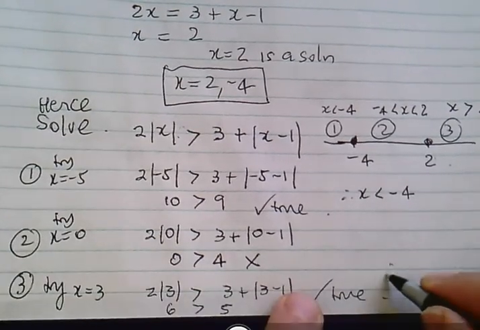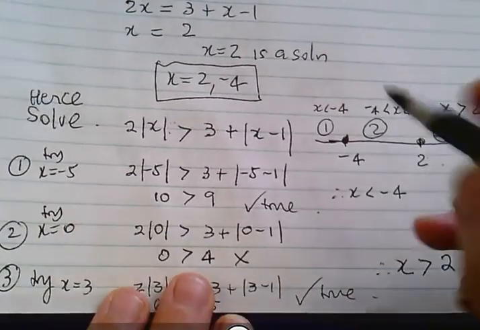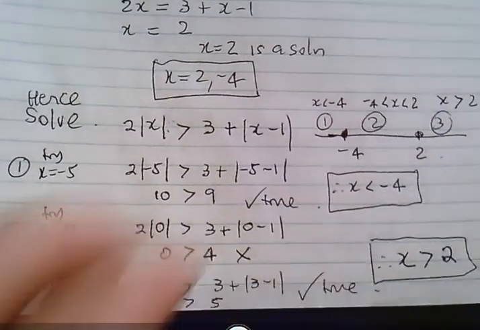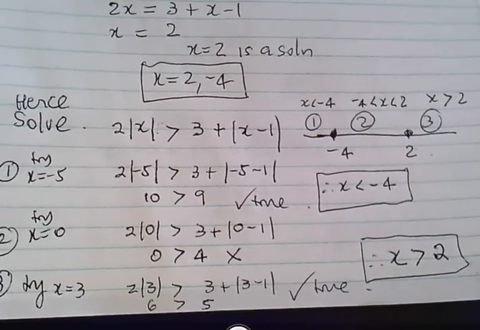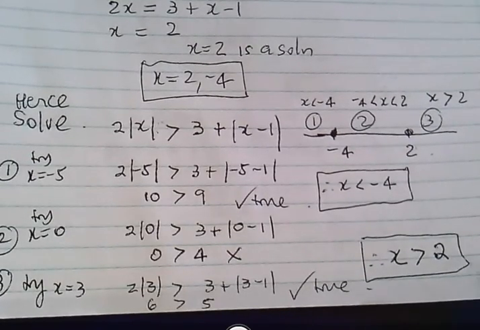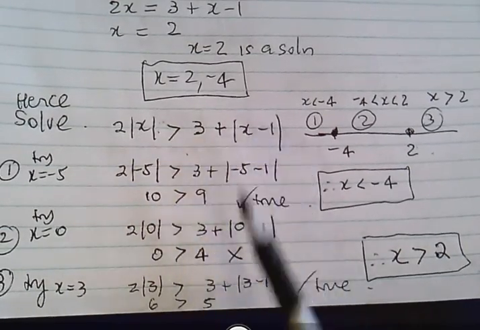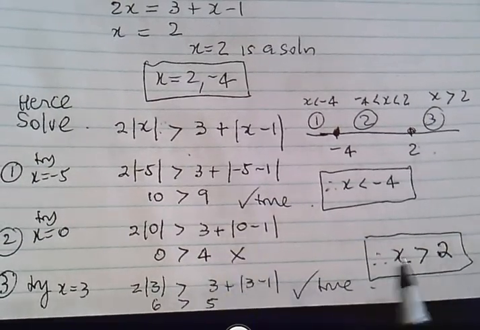So, therefore, x is greater than 2. They're my two solutions: x is less than -4, x is greater than 2. All right? Now, I could have also solved for absolute value of x is less than, and then this middle one would have worked and been the only solution.